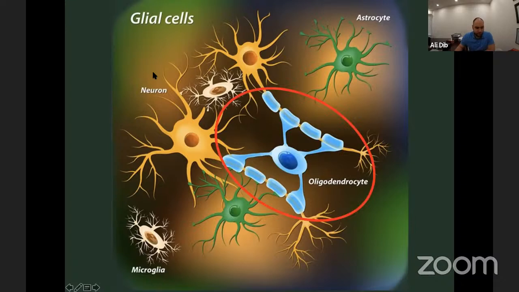Okay, last but certainly not least, we have what we call the myelinating glia. So over here, we've circled the oligodendrocytes, but we also have what are known as Schwann cells. And we'll talk about the difference of the two in a minute.